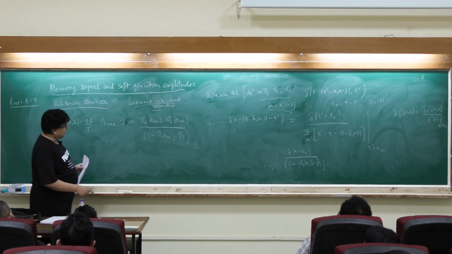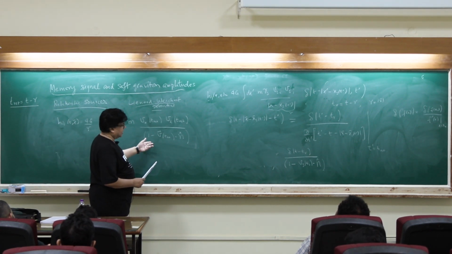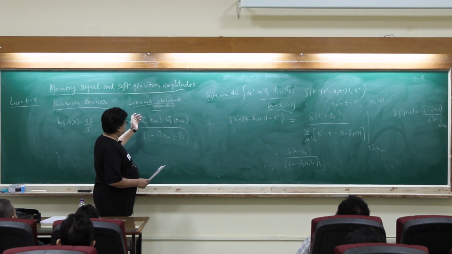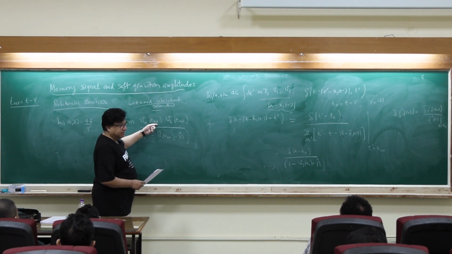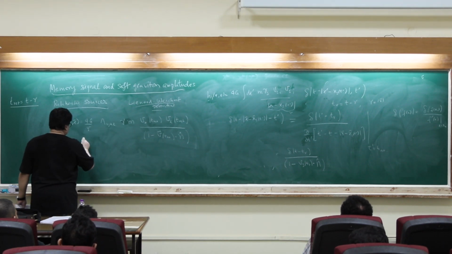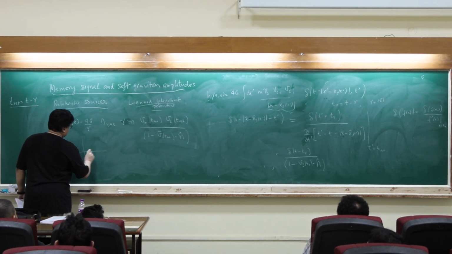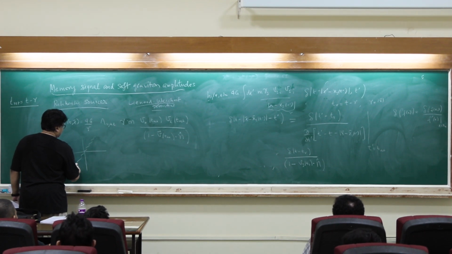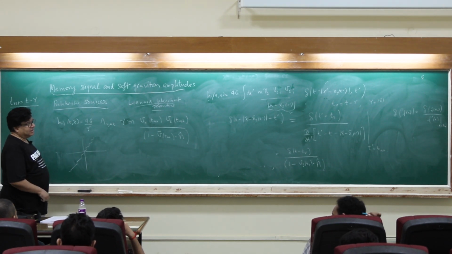And notice, here you will not see why you get a step function. You will just see that, okay, there is a constant which depends upon the retarded time. Okay, something is moving.